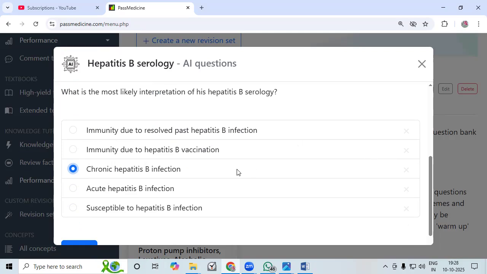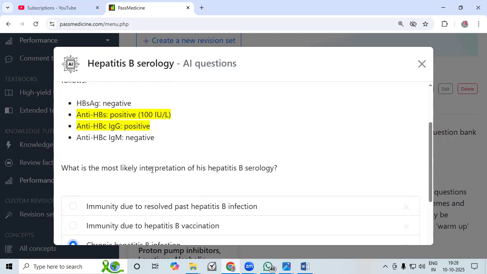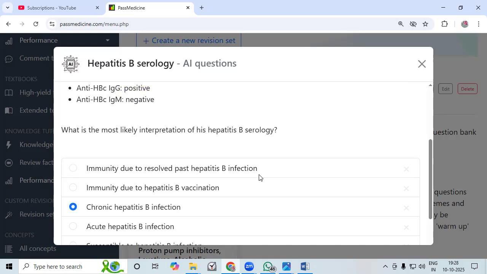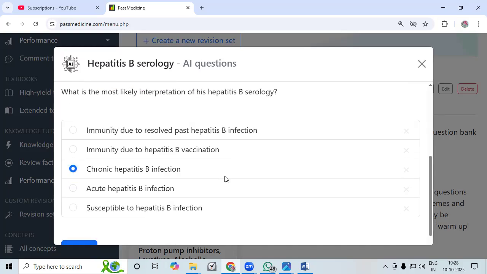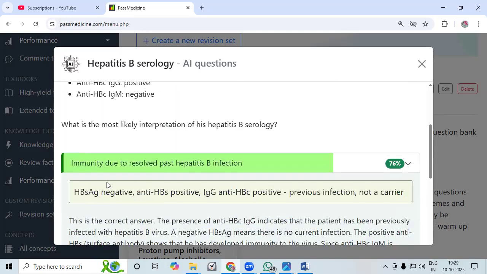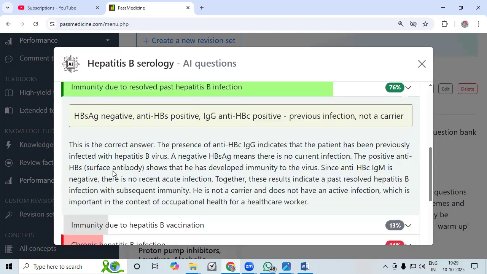If immunity was there, this would have been negative. Immunity due to resolved past hepatitis B infection, no. In that also, you cannot tell. So this chronic infection.